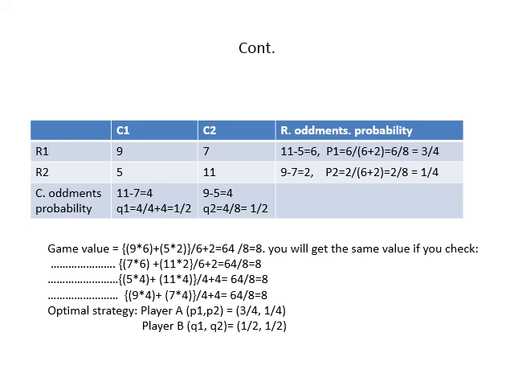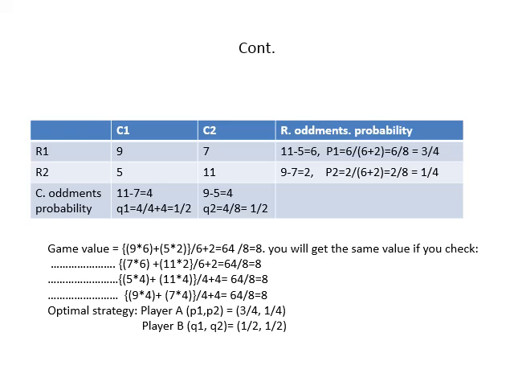6 plus 2 is the total of R1 oddments plus R2 oddments. 6 is R1 oddments and 2 is R2 oddments. So P1 equals 6 divided by 8, which equals 3 over 4.